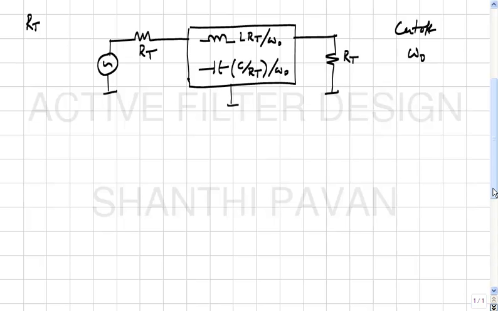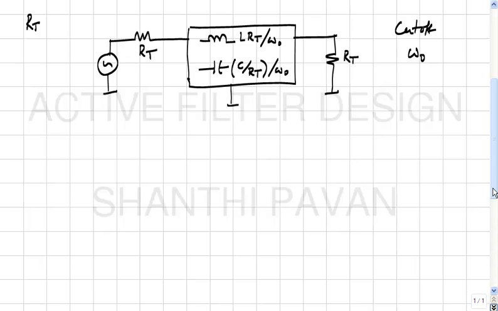Passive inductors become very bulky, and therefore the question of integrating them on a chip when the cutoff frequencies are even several hundreds of megahertz just simply does not arise. And as you can see from this expression, as RT becomes higher, what happens to the value of the inductance? The inductance becomes higher.